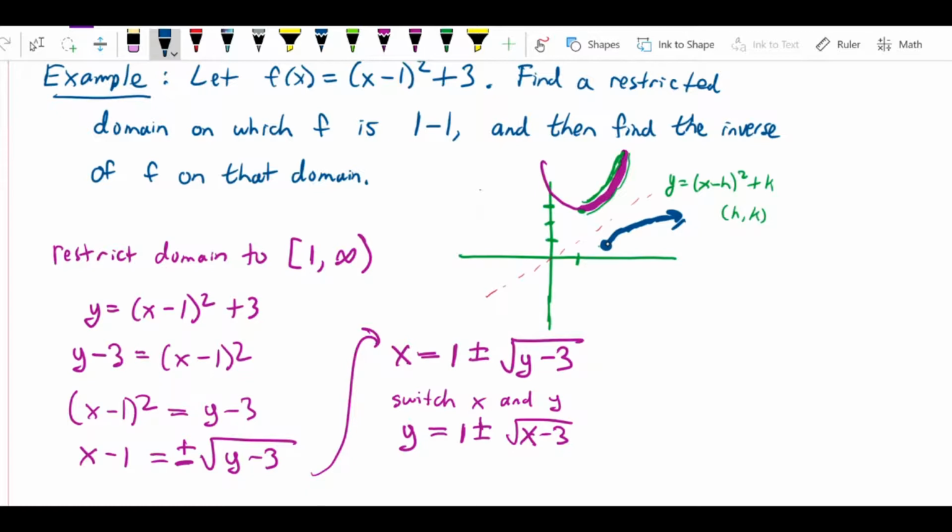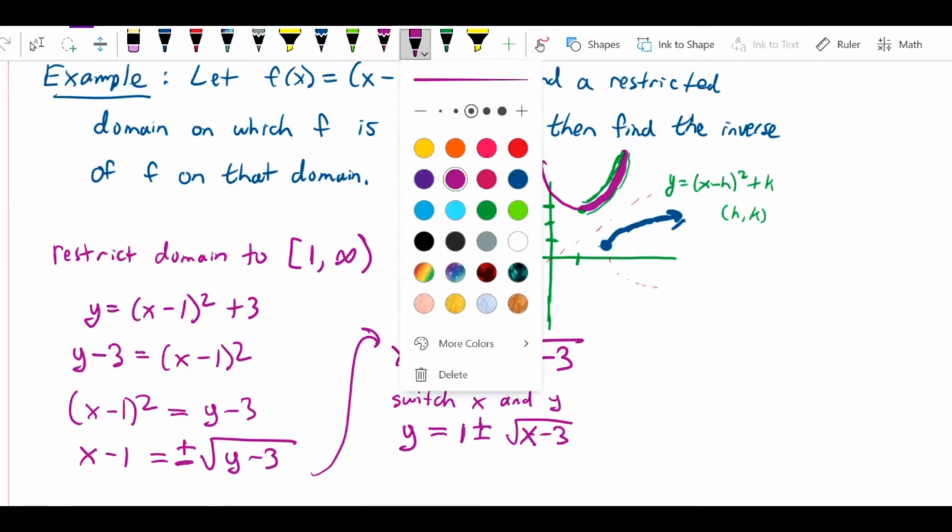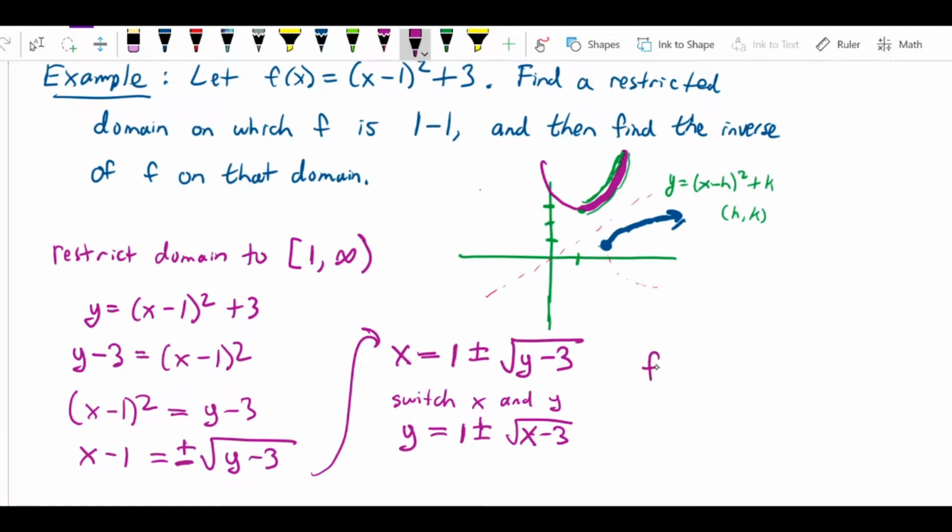And what we can see is that we don't want to look at the lower part, which would be the part that's less than 1. We want the part that's greater than 1. So I'm going to eliminate the minus sign in this y = 1 ± √(x − 3), because I want to go up and not down to find that branch of the parabola. So the inverse function will be 1 + √(x − 3).